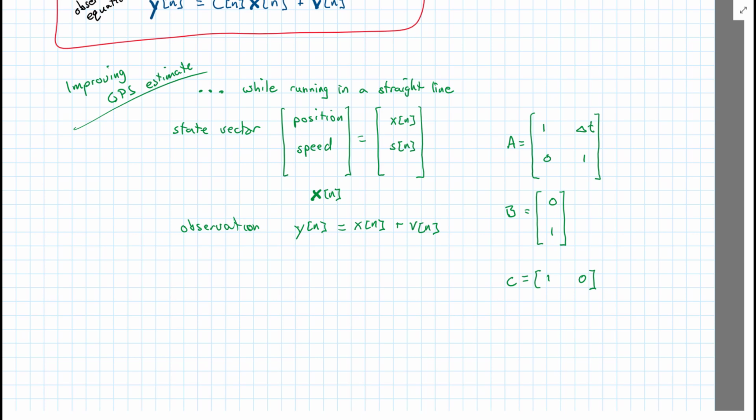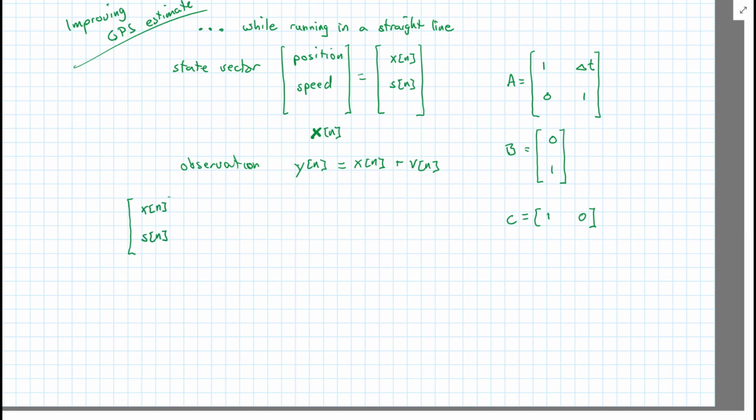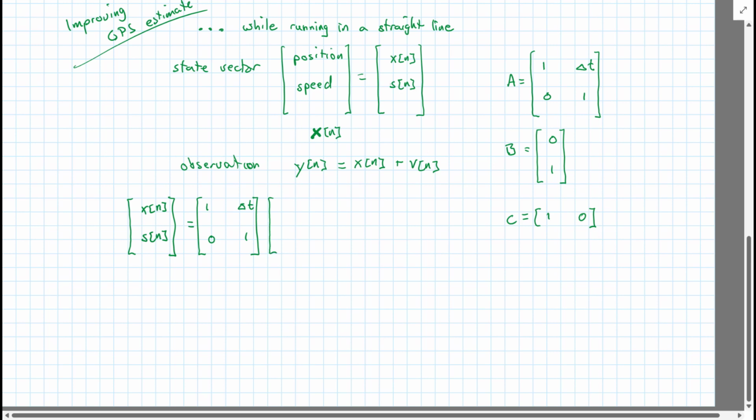Now we can put this all together, and we can say that our position at time n and our speed at time n are defined by our A matrix times x at time n minus 1 and speed at time n minus 1.